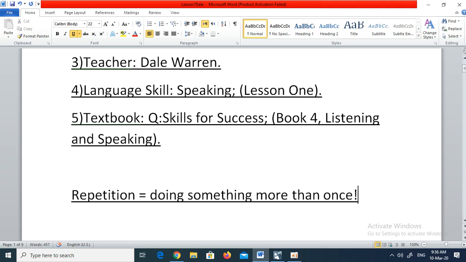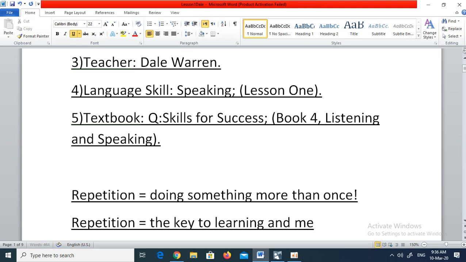You're quite right, we are. The whole point of repetition is to make the student remember something. Repetition is the key to learning and to memorization.